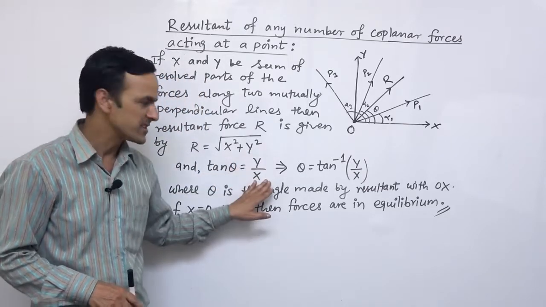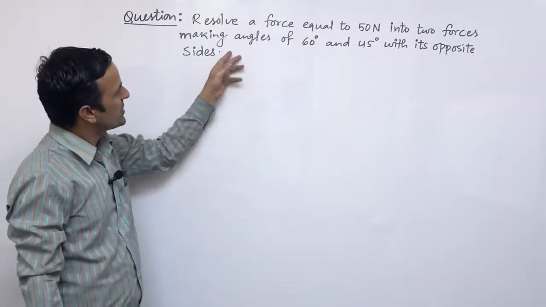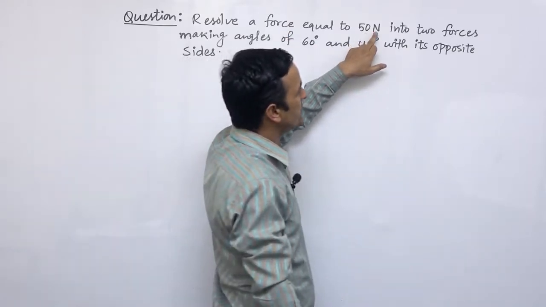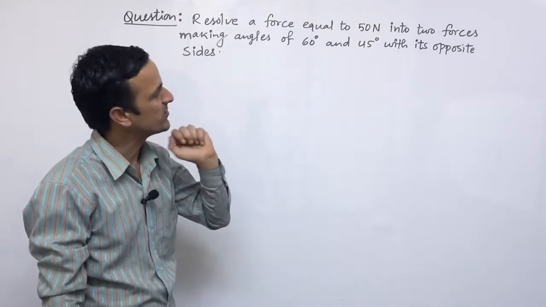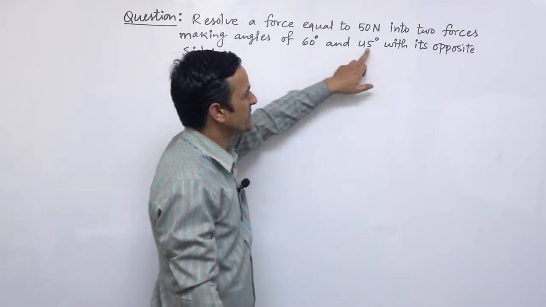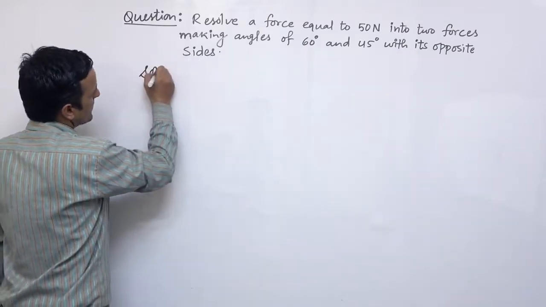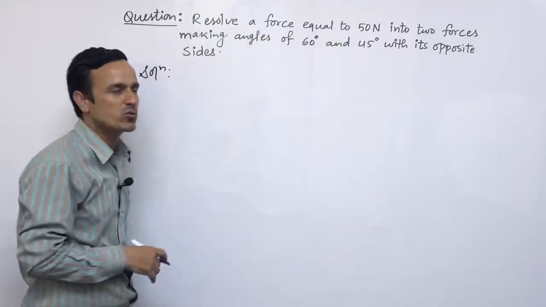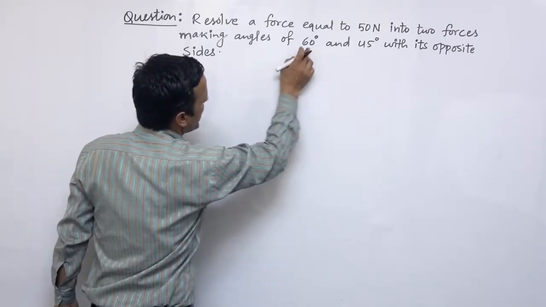एक्सरसाइजमा पनि यो फर्मुला युज हुन्छ र यसलाई चाहिँ हामी राम्रोसँग ध्यान दियौँ। सो इन दिस क्वेसन वी हेभ टु रिजल्भ अ फोर्स विच इज 50 न्युटन। यो R भन्ने फोर्सलाई हामीले दुईटा पार्टमा रिजल्भ गर्नुपर्छ, दुईटा फोर्समा, जुन दुईटा फोर्सले 60 डिग्री र 45 डिग्रीको एंगल बनाउँछ। सो जस्ट भर्खरै हामीले पढेको एउटा कुनै फोर्सलाई वी क्यान रिजल्भ इन्टु टु पार्ट्स और मेनी फोर्सेस with the help of this alpha and beta.